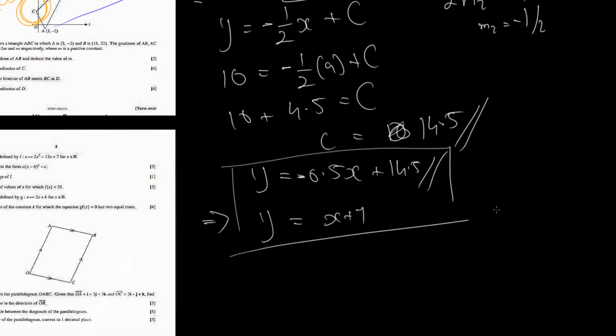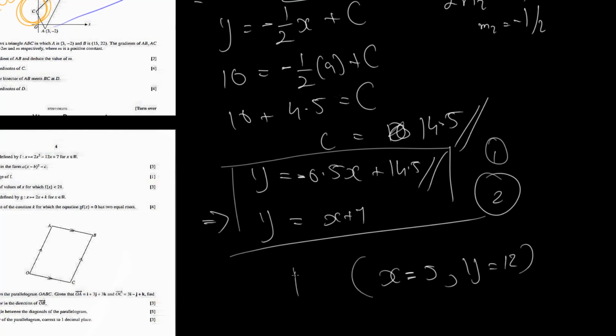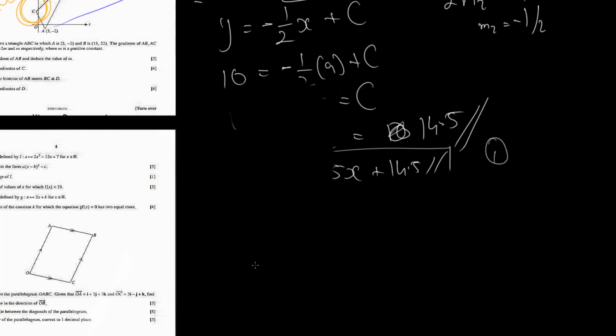And these are your two equations, and you have to solve the simultaneous equations to find the point where both intersect, which is basically the point D. If you do that, you should get the answer for D to be x, and y to be minus 12. So these are the coordinates of D. Again, I'm not solving the simultaneous equations because I don't want to make the video extremely long and inconvenient.